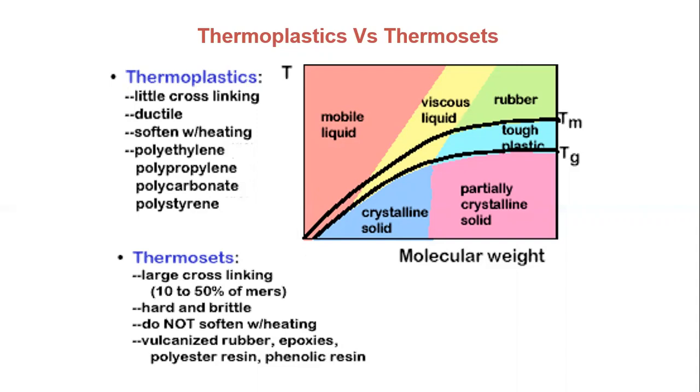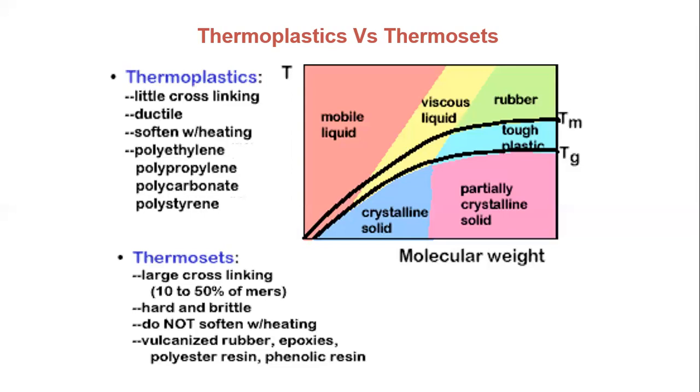Next, the property is hard and brittle. So these thermosetting polymers are hard and brittle in nature, and they do not soften on heating. While heating, they do not melt or soften because of their cross-linked structure.